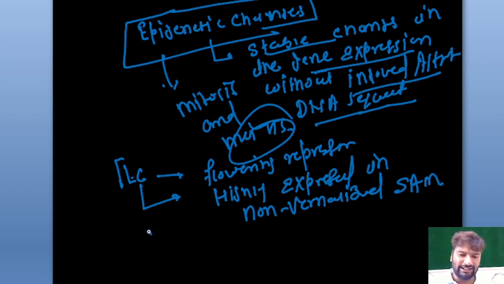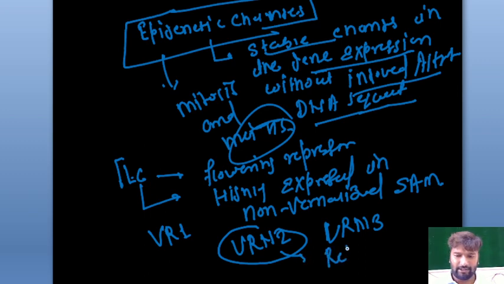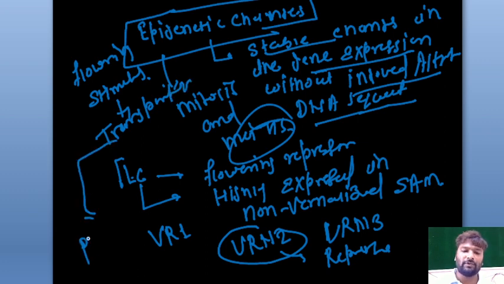And also there are 3 genes which are involved in the vernalization process: BRN1, BRN2 and BRN3. And this BRN2 acts as a repressor, and this flowering stimulus is transported through the phloem.